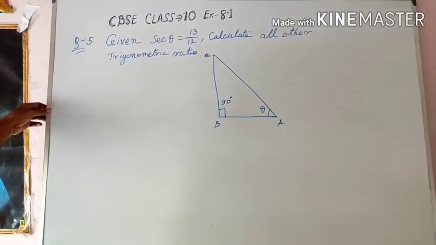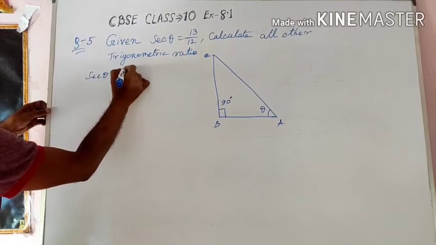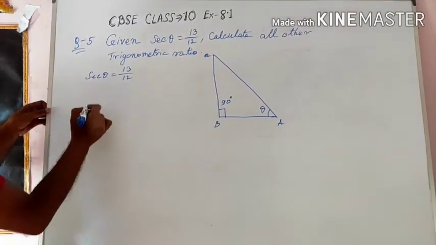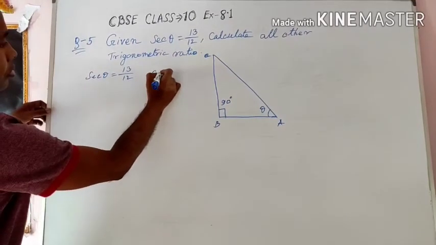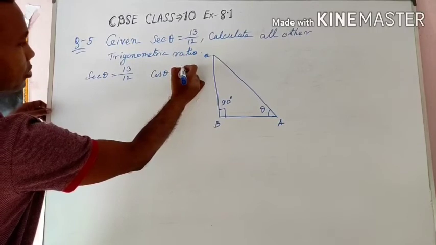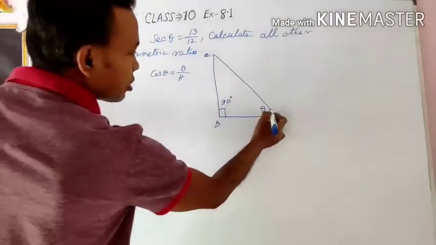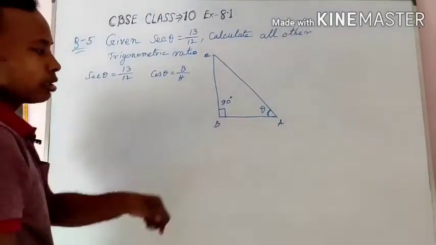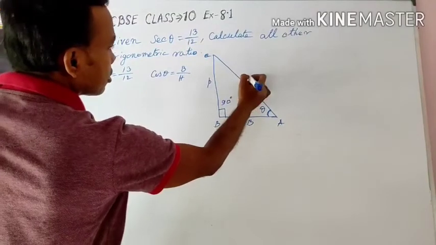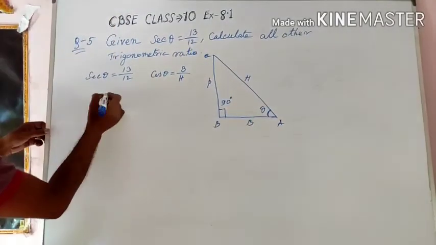So here, given sec theta is equal to 13 by 12. We know that cos theta is equal to base by hypotenuse. If this is your theta, then this is your base, this is your perpendicular, and this is your hypotenuse.